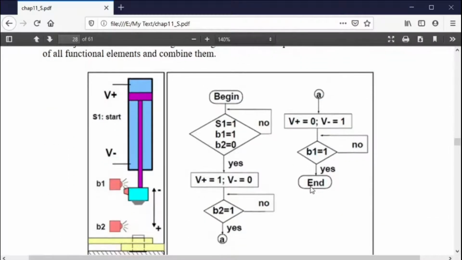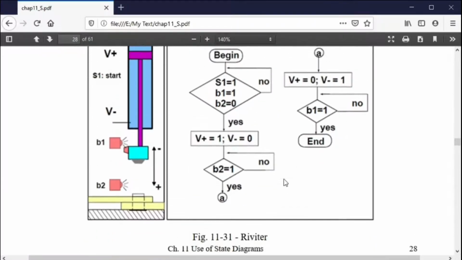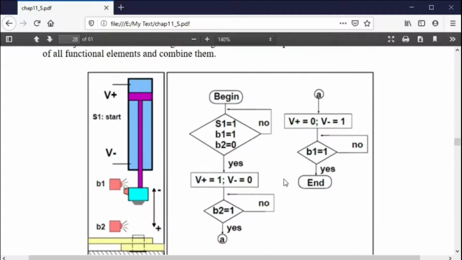Here's a state diagram, or here's a single pneumatic cylinder. And it does a specific job. This is a riveter, and it comes down and bangs down on this metal, and then it goes right back up. Now, in a question like this, how many states are there in this project? You said, well, single cylinder, 4 states.